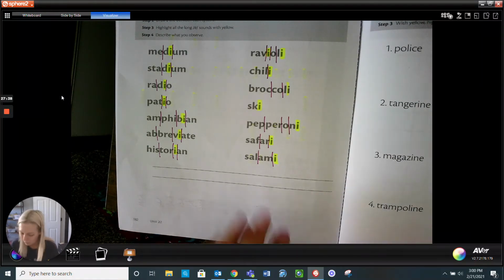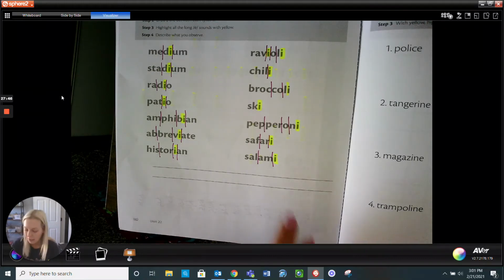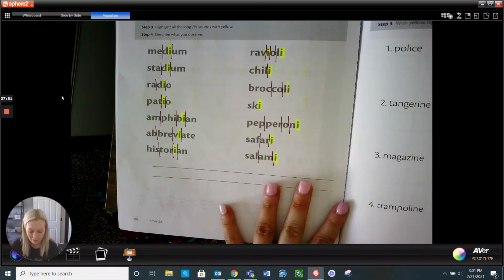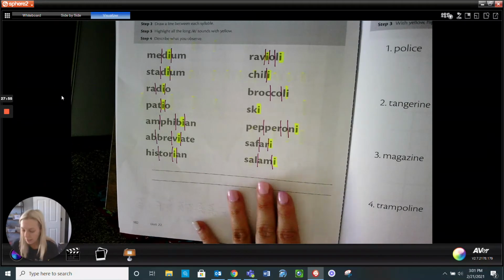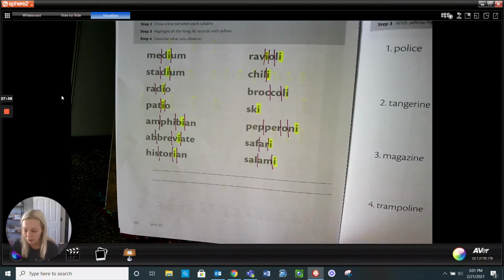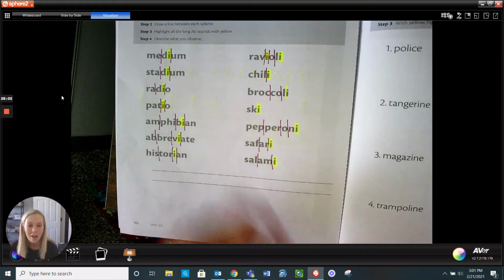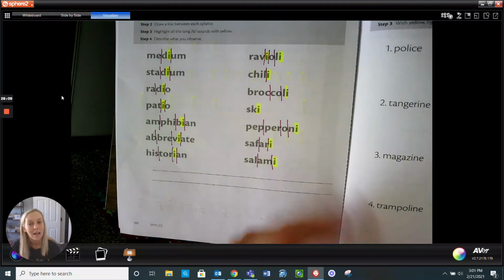They might be, but notice that the rule is carefully worded to say English words do not end in I, U, V, or J. If you see an I at the end of a word, that means the word is not a native English word. Its spelling came from another language. For example, ravioli, pepperoni, salami, those are Italian words. So that is not an English word. They come from Italy.